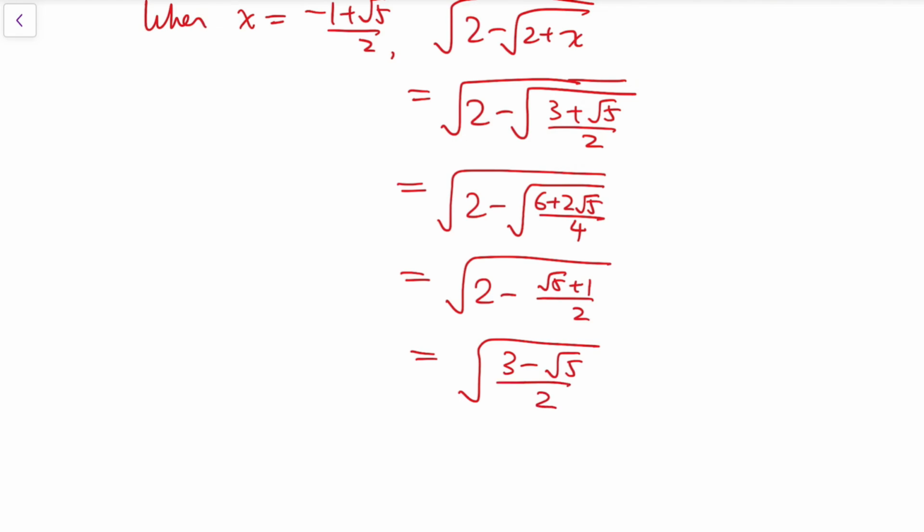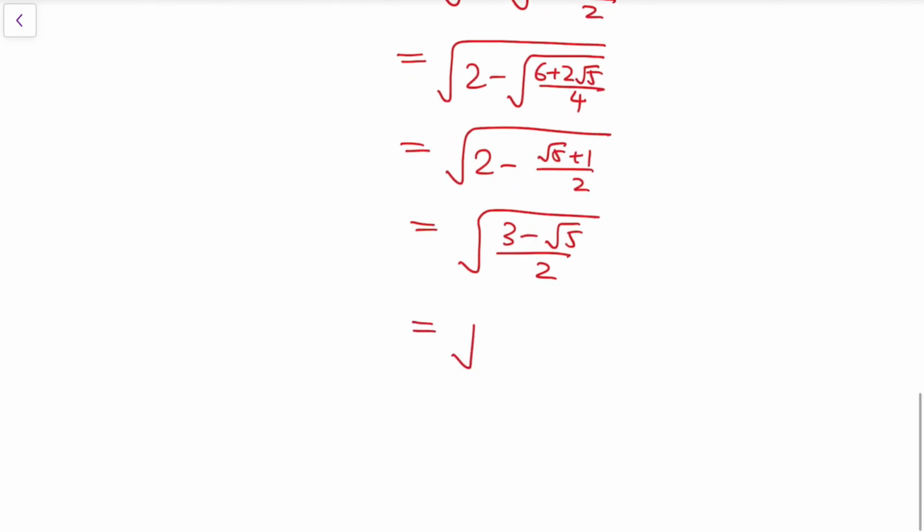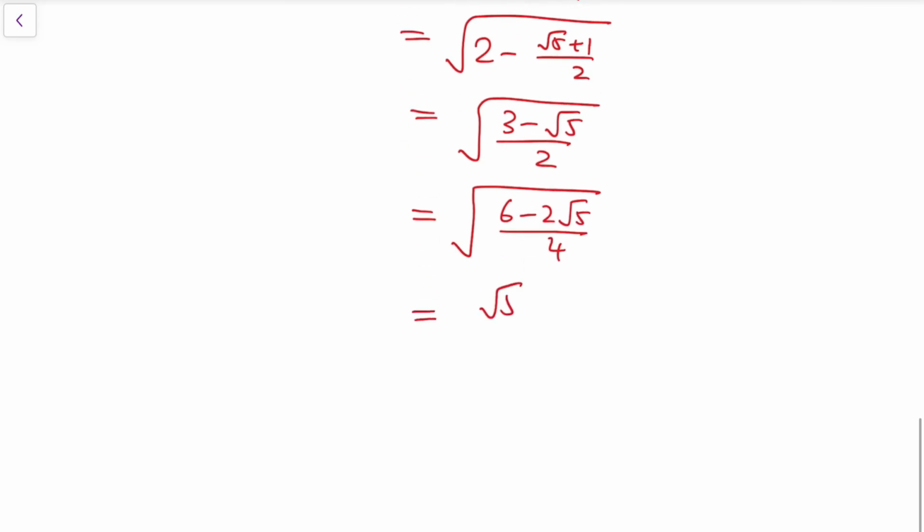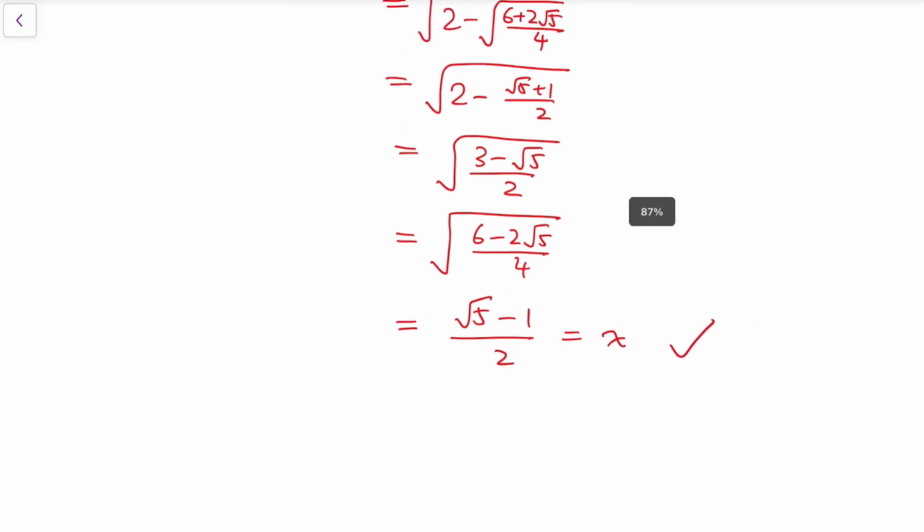And so we have square root of 3 minus root 5 over 2. Again, I can rewrite the fraction in this way, doubling both entries, then find out the square root separately from the numerator and the denominator. We have root 5 minus 1 all divided by 2, and that's exactly x.